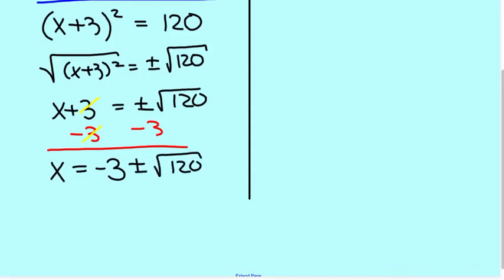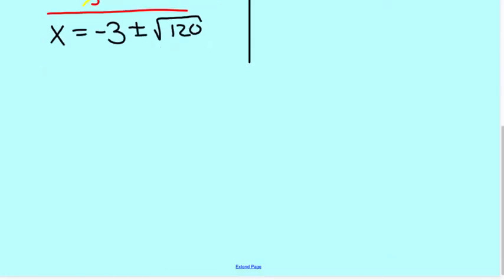And now see if you can break down 120 into a product of 2 numbers. So a product of 2 numbers, you can maybe start with 4. 120 divided by 4 is 30.